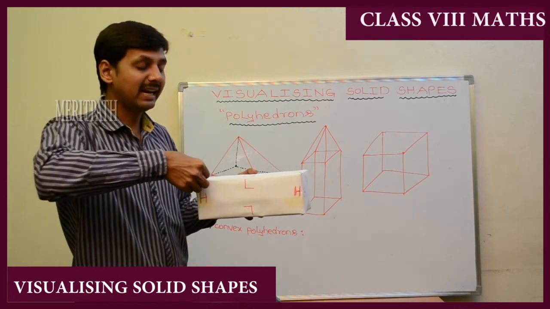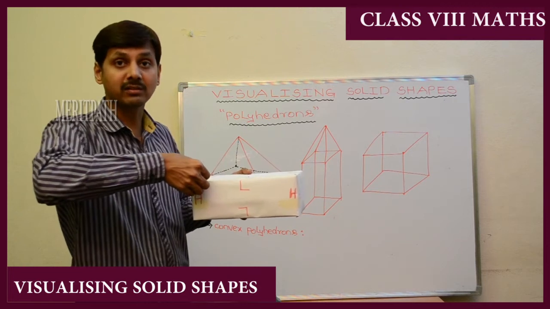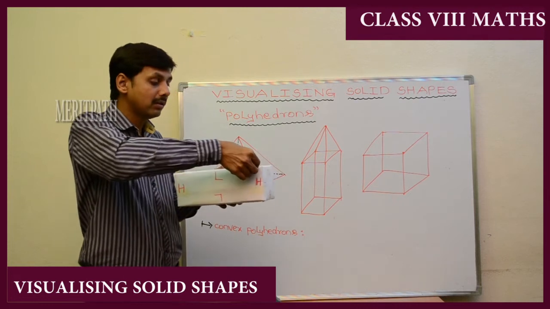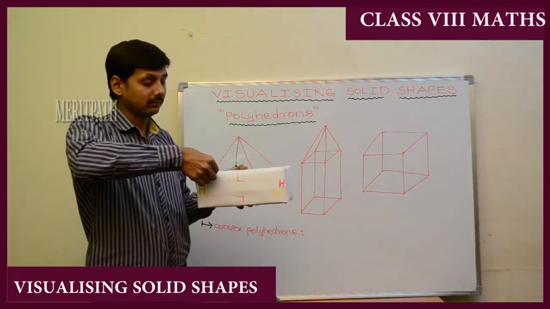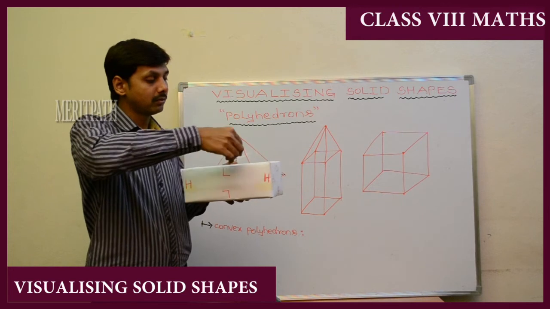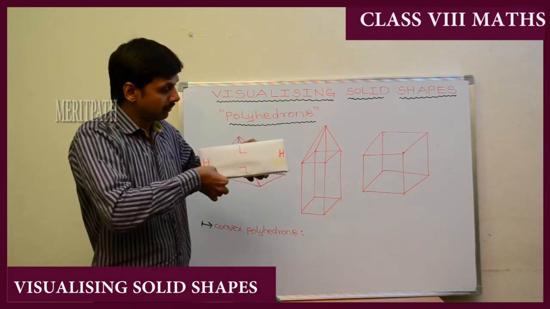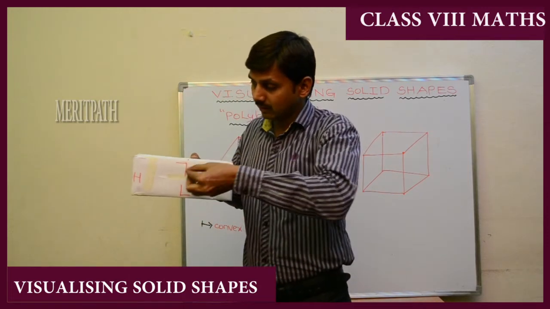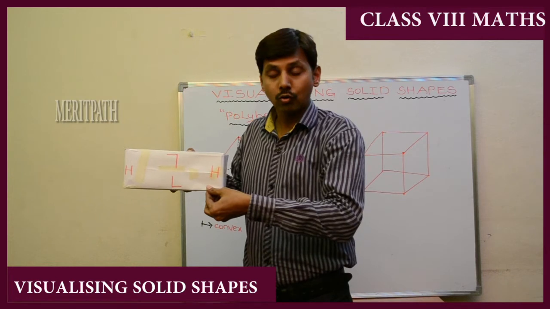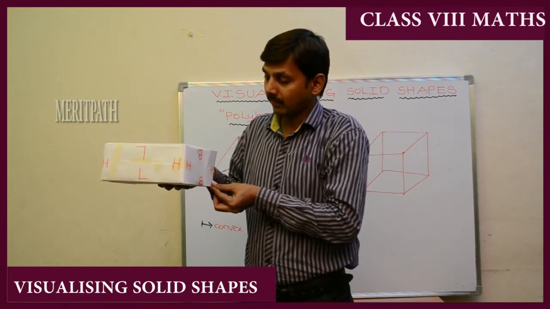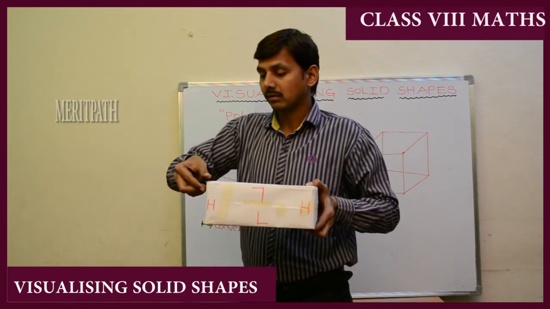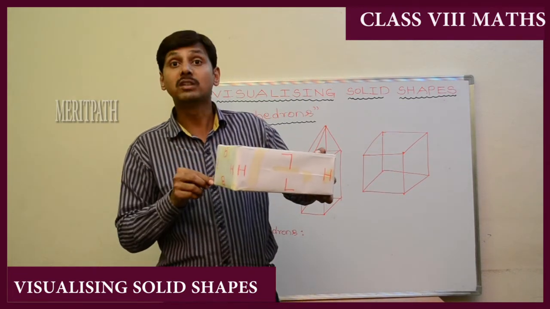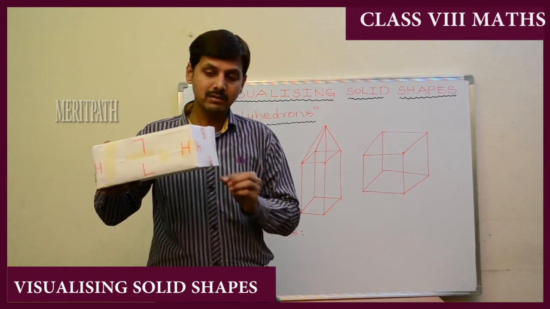Let's count the edges. This is the edge we discussed just before, where the surfaces are joined together. This is one of the edges, edge 1, this is 2, and on the back side when we see 3 and 4, then 5, 6, 7, 8, 9, 10, and vertically 11 and 12.